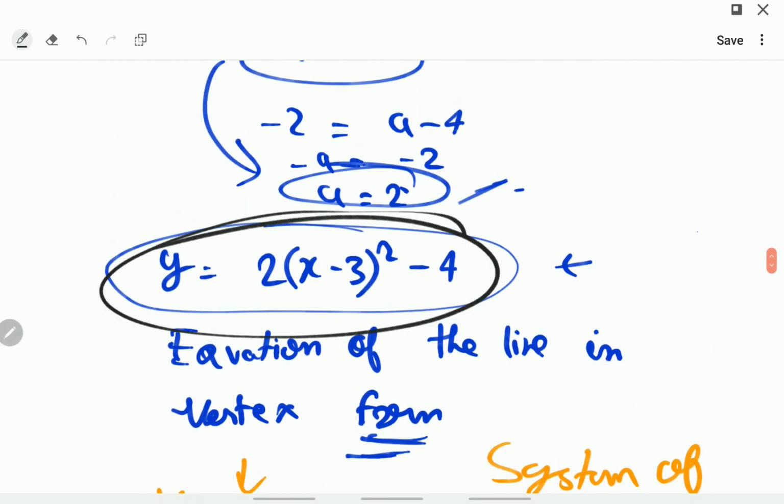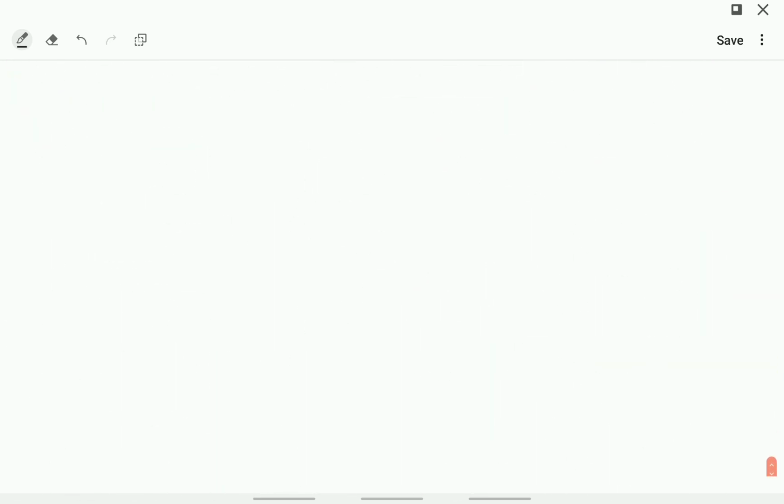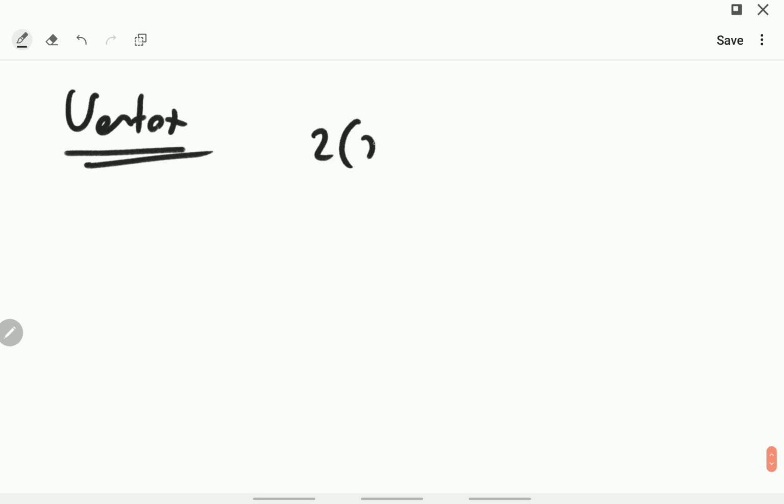So let's write that equation down: 2(x minus 3) whole squared minus 4. See how this is in the vertex form? Yes, 2(x minus 3) whole squared minus 4, that's the vertex form, right?